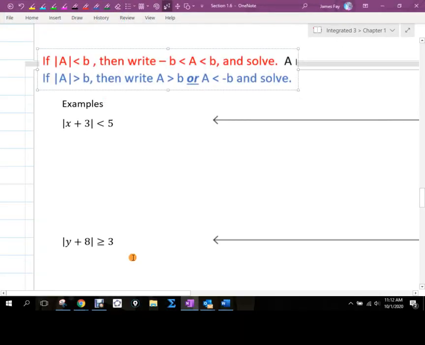Okay. So if we look at this problem here, is the absolute value isolated like it was in these two things up here? Is the absolute value by itself? It is.